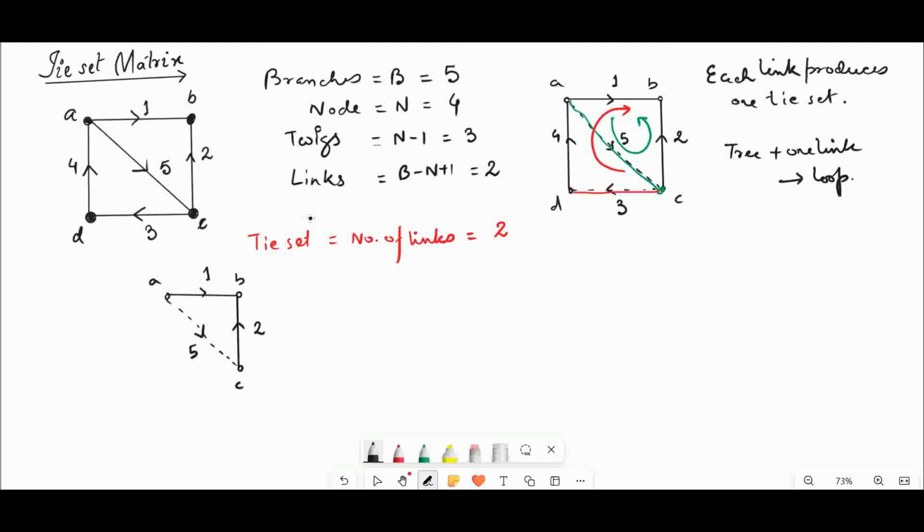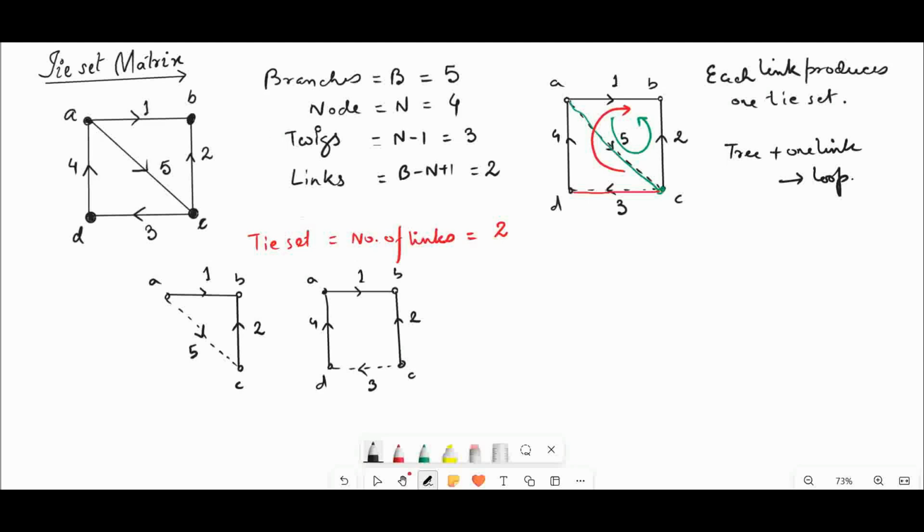Another tie-set will be this, where we have A, B, C, D, and branches are 4, 1, 2, and 3.